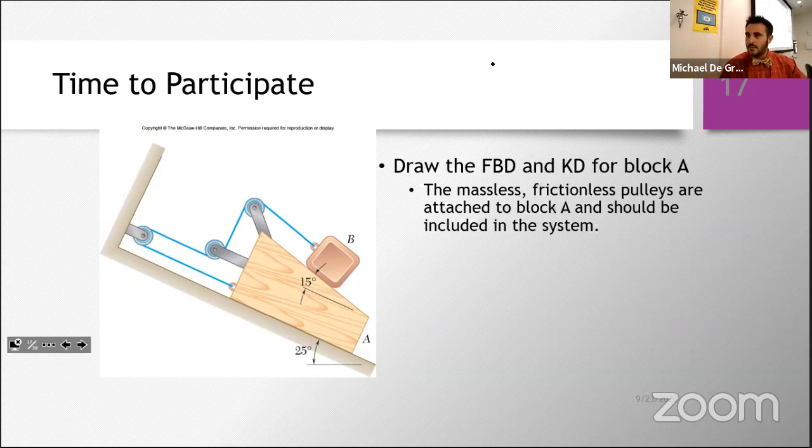Anybody want another couple minutes? No? Anybody want to volunteer to show their free body diagram for block A?